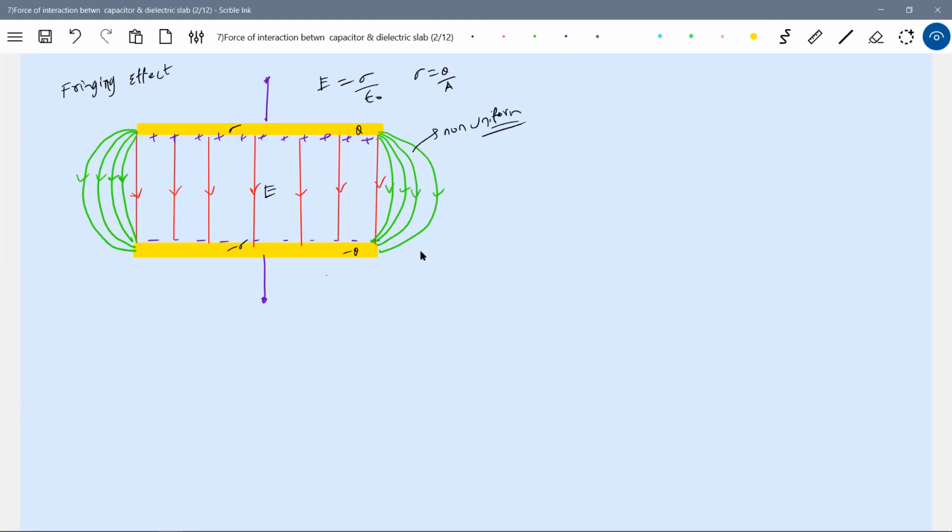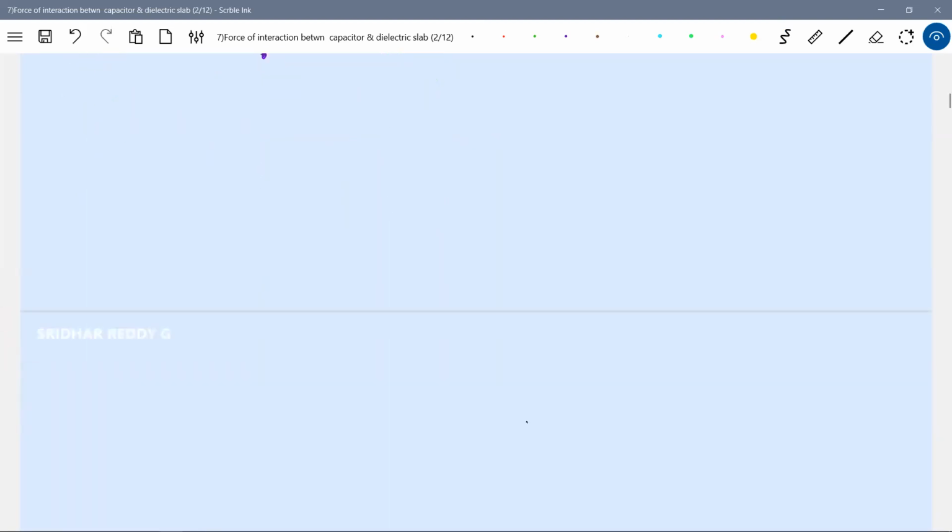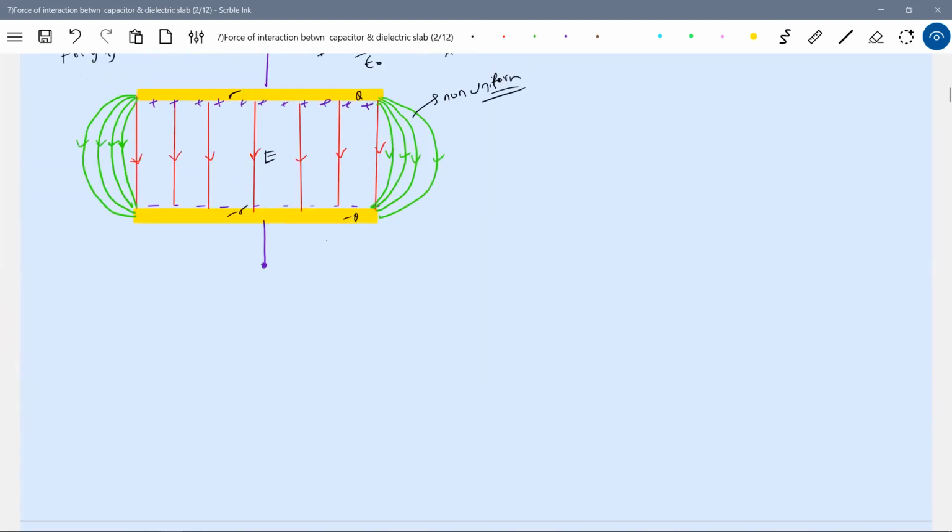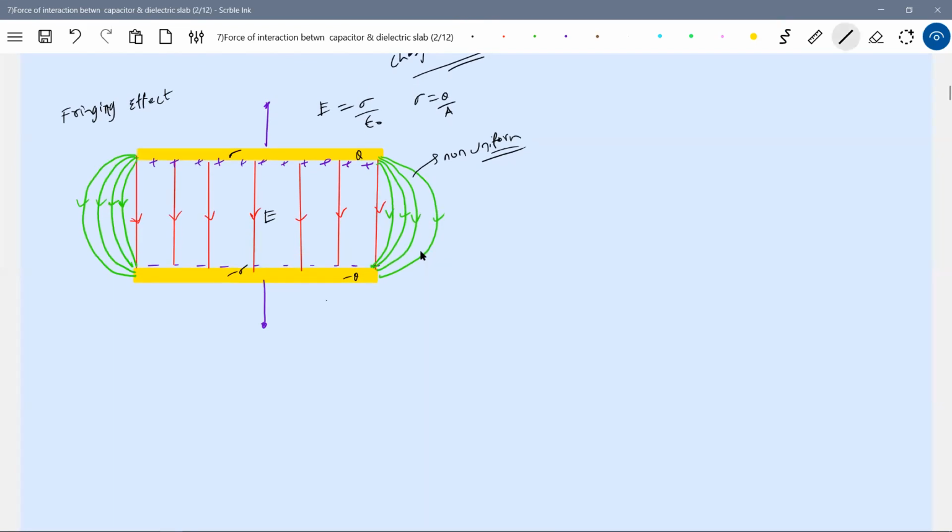Okay, now I'll introduce a dielectric slab between the plates of a capacitor. Some length of it is pushed into the plates of the capacitor.